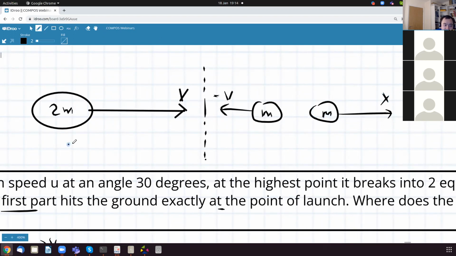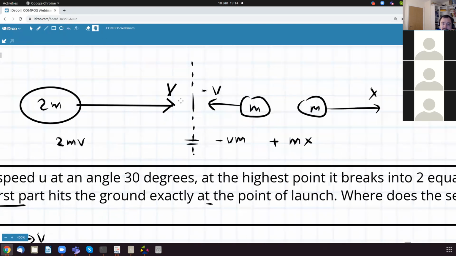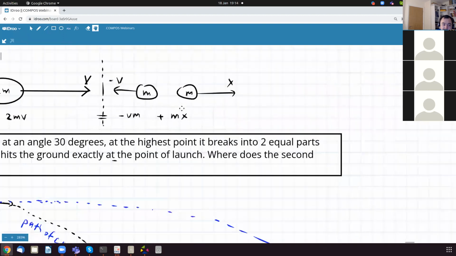Before the explosion, we have 2mv, the total momentum, and after we have minus mv plus mx. We make them equal, because the momentum before and after the explosion is the same.